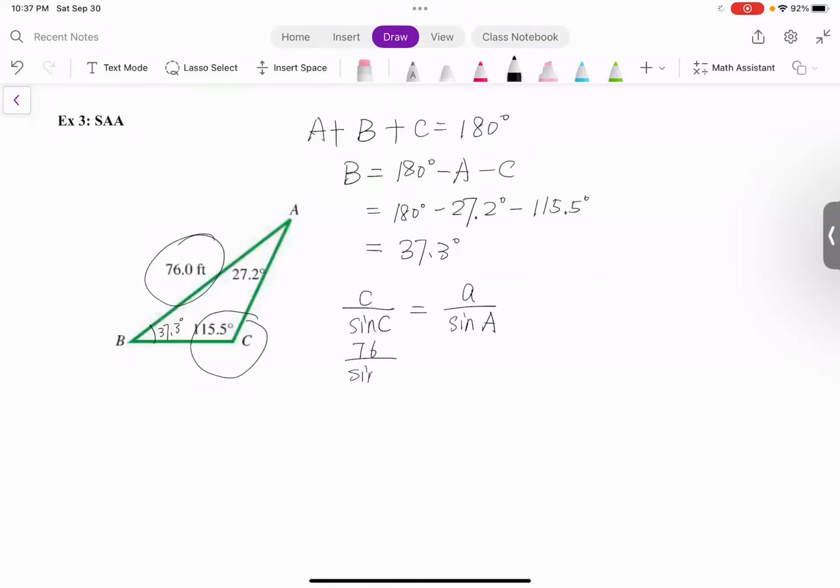The sine C is sine 115.5 degrees. The A is not given, but I know angle A equals 27.2, sine 27.2. So I can find the A. Okay, let's multiply by sine 27.2 both sides. So A equals 76 times sine 27.2 degrees, all divided by sine 115.5 degrees.